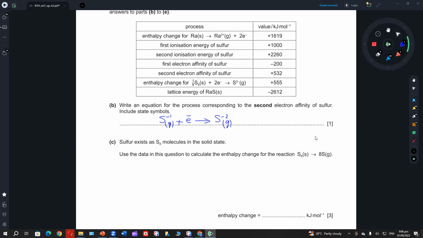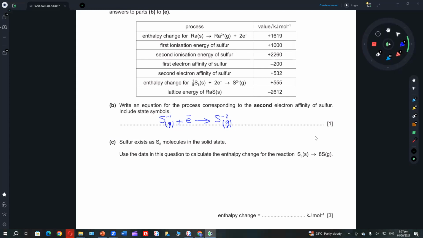So, how can I do it now? I know now this is atomization. Electron affinities are given.